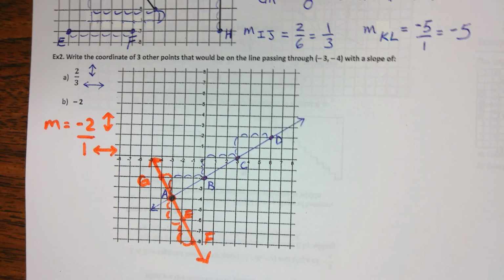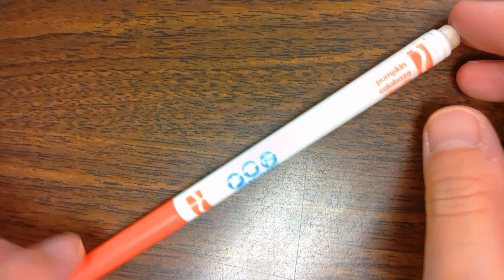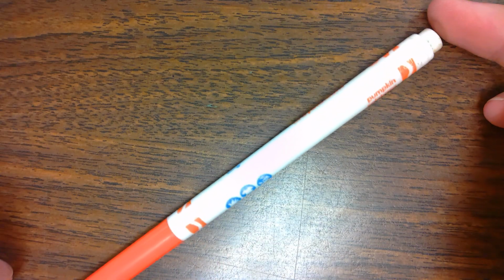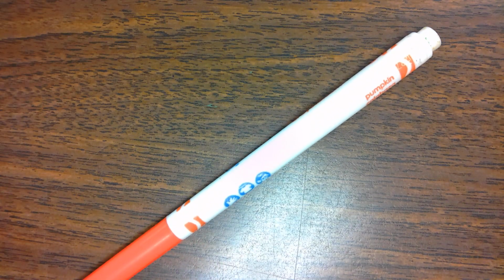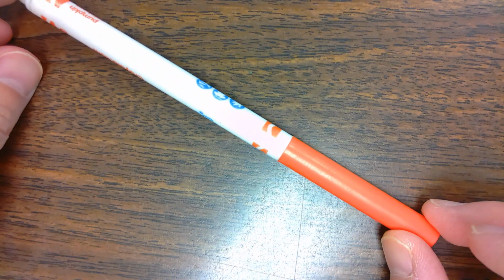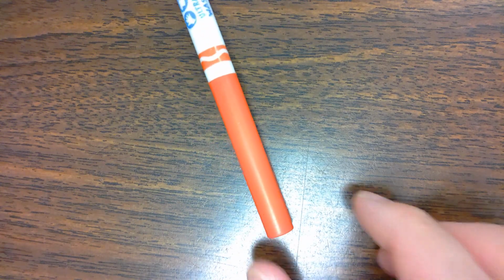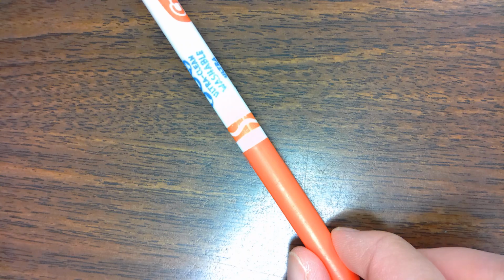Okay, so quick recap. If the line is this way, is it positive or negative? Positive. This way, negative. Undefined. This way, positive.